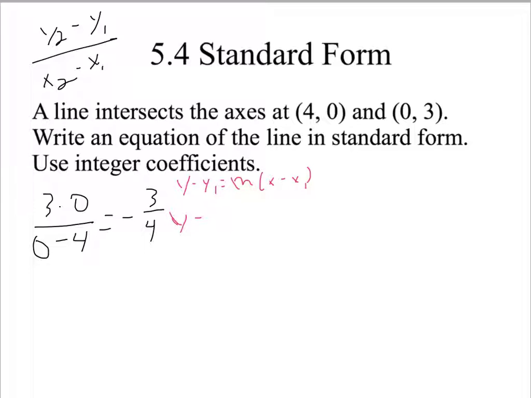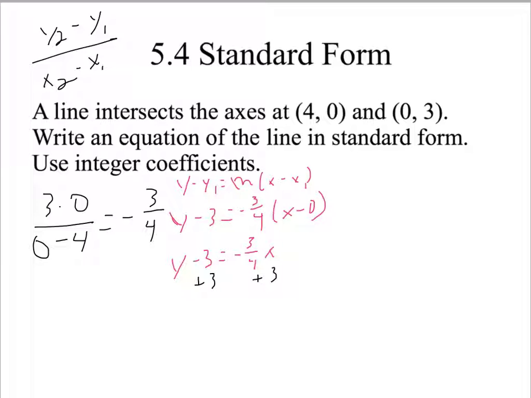So I'm going to start with an easy one of y minus 3 is equal to a negative 3/4 times x minus 0. When I solve here, I now have y minus 3 is equal to a negative 3/4 x. Notice I know that negative 3/4 times 0 is 0, so I don't need to put that in there. Okay, from here what I'm going to do is add 3 to both sides.